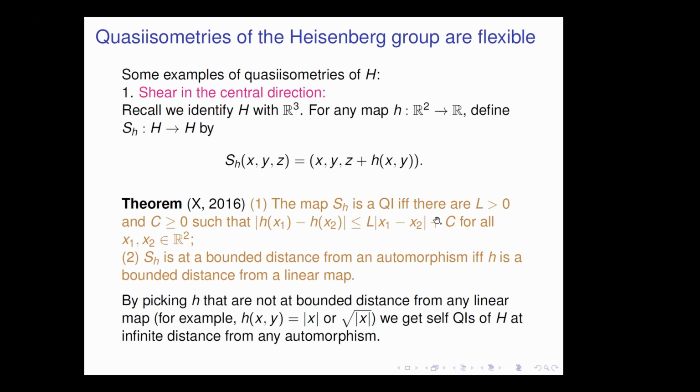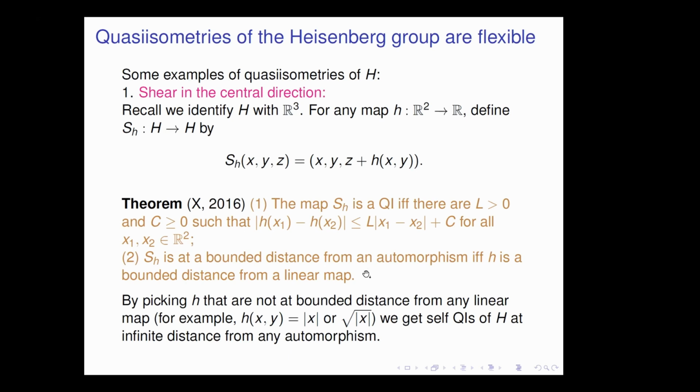So if you set C to 0, then you just have a Lipschitz function. Here you allow this additive constant C. So if you use Manor's terminology, this is a rough Lipschitz function. For each rough Lipschitz function h, you get the map S_h, which is a quasi-isometry. And this quasi-isometry is at bounded distance from an automorphism if and only if h is at bounded distance from a linear function.